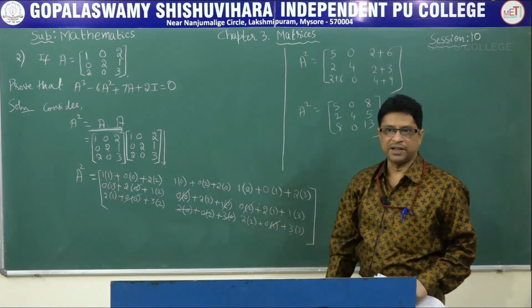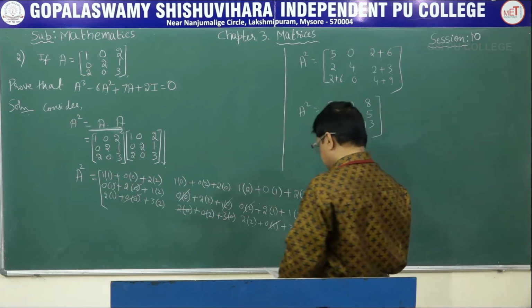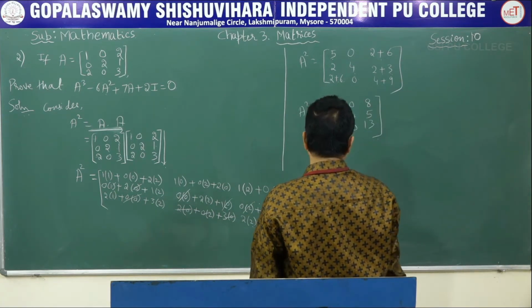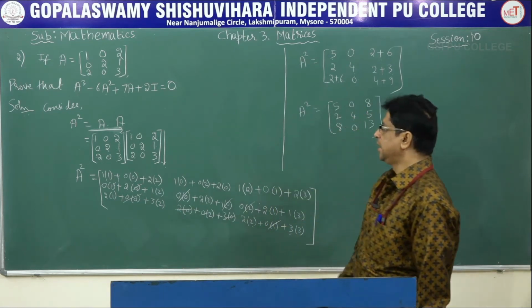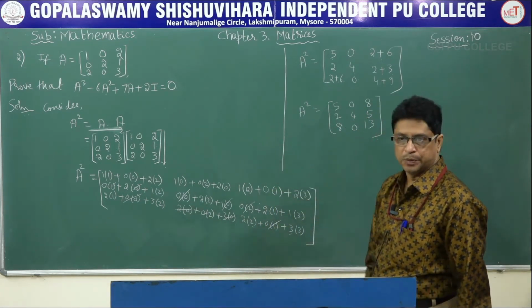So A square will be equal to 5, 0, 8, 2, 4, 5, 8, 0, 13. Next we shall find A cube.